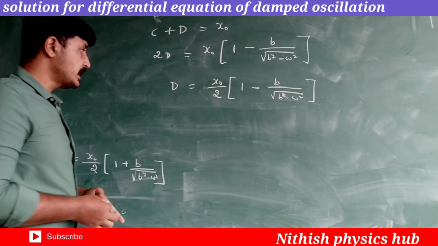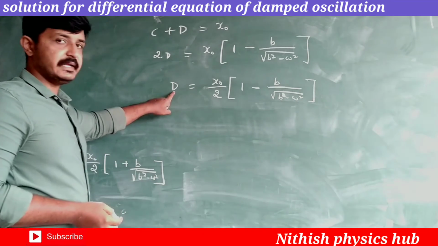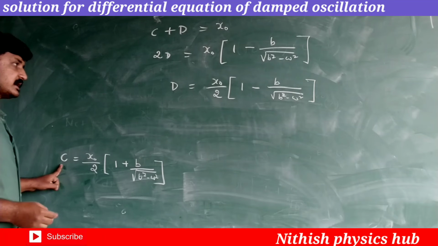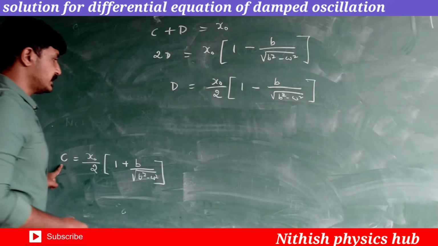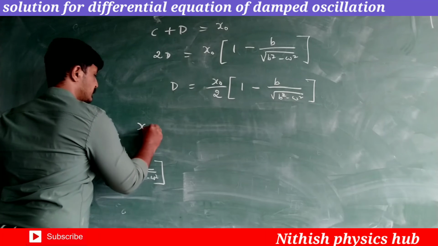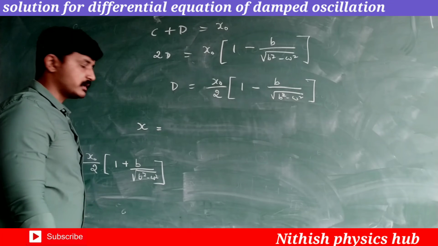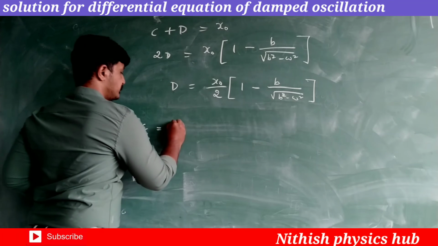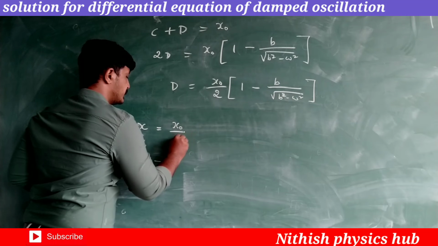Now, if you apply d and c in the general solution equation, the entire general solution x can be given as follows, where c is x naught divided by 2.